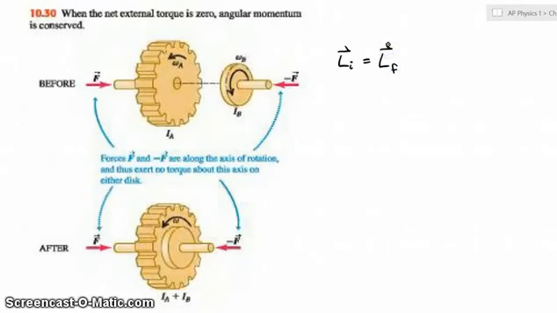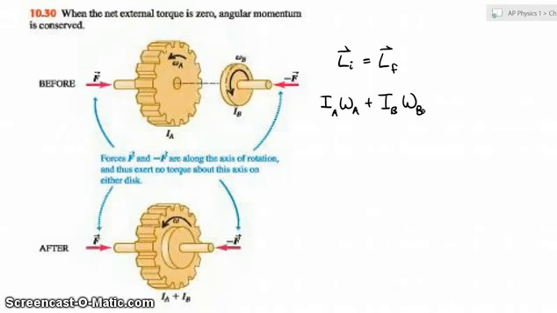The initial momentum is going to be given by the moment of inertia of each of the gears and their angular velocity. So we're going to have the moment of inertia of gear A times its angular velocity plus the moment of inertia of gear B times its angular velocity.